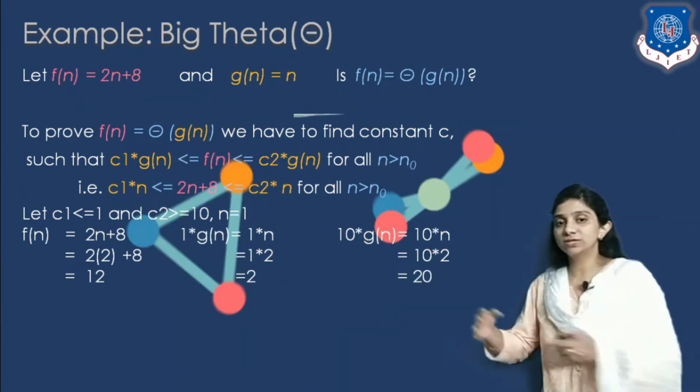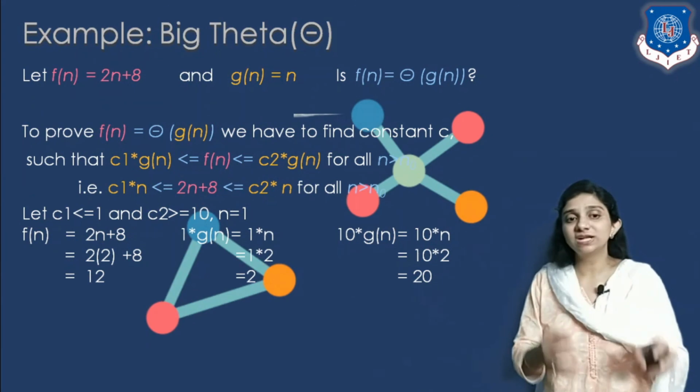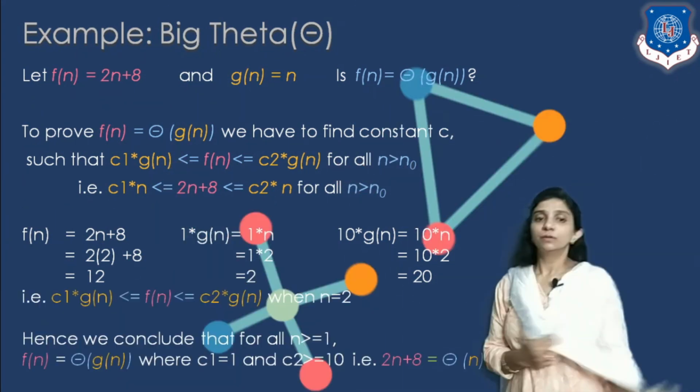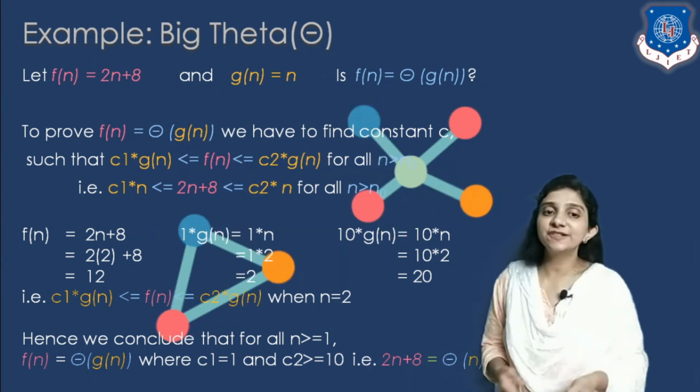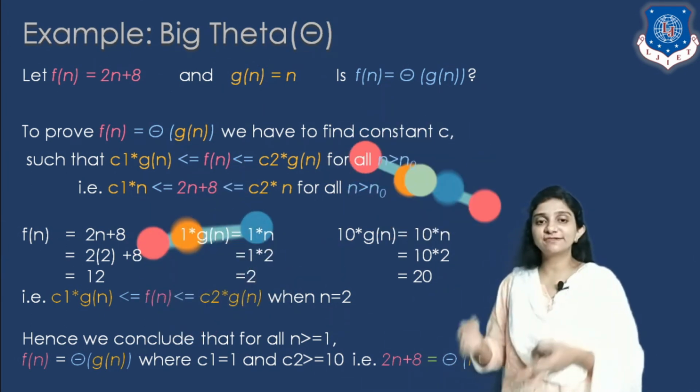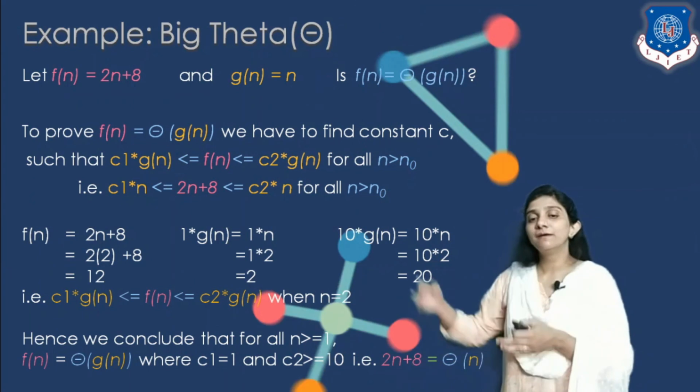Now you see that 2 is less than or equal to 12, and 12 is less than or equal to 20. So c1 into g of n is less than or equal to f of n, which is less than or equal to c2 g of n, for n equals 2.